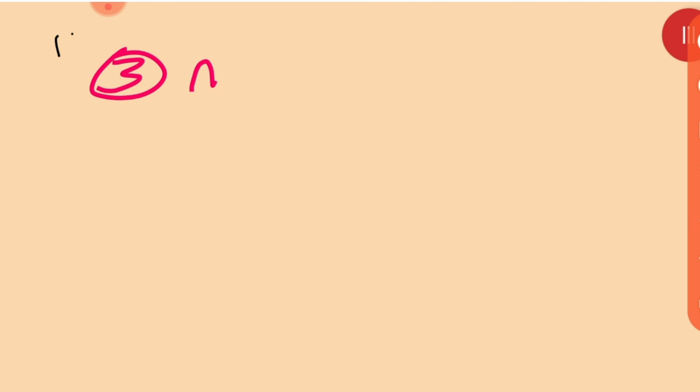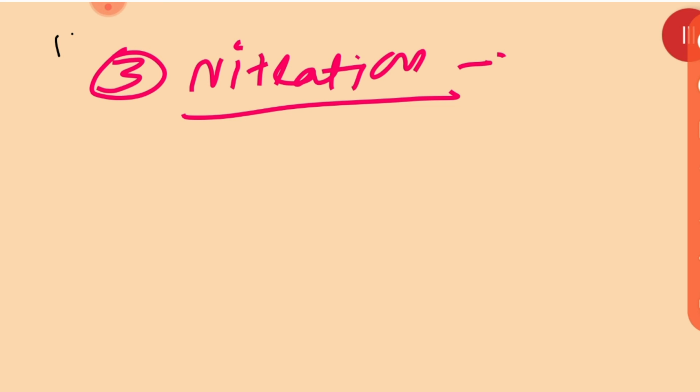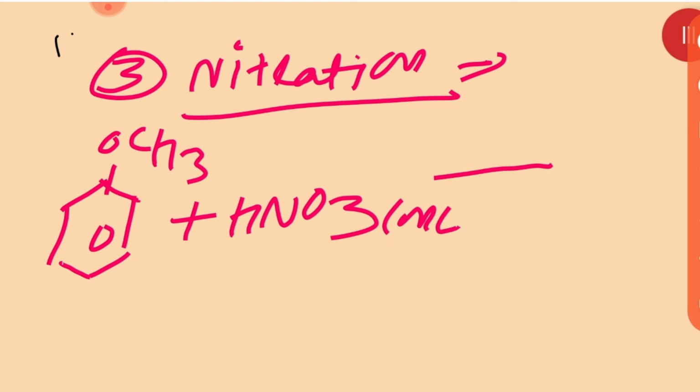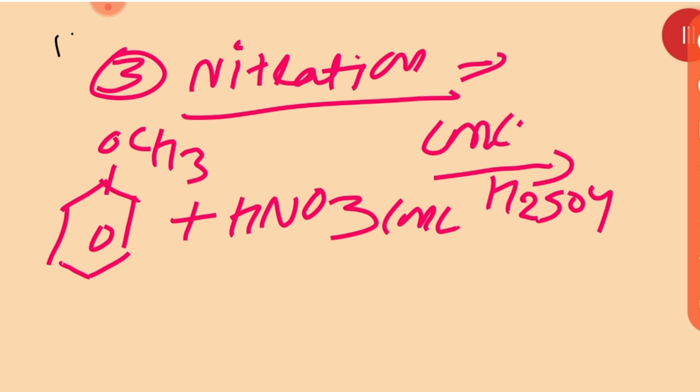Same way, the last one, the third reaction, is nitration. In nitration, I think you know very well, we usually give the reaction with concentrated nitric acid in the presence of concentrated H2SO4.